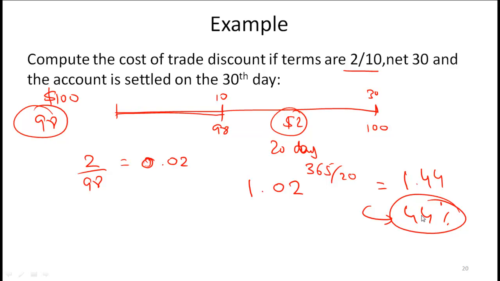So if you are paying on the 30th day, on an annualized basis your rate is 44%. And that clearly shows you that the most sensible thing would be to actually take the 2% discount and pay 98 by day 10. And what you can do as practice now is, what if you just pay on the 20th day? If you do the same calculation, then this distance becomes 10 days, and you will do 1.02 raised to the power of 365 over 10, which will give you an even larger number.